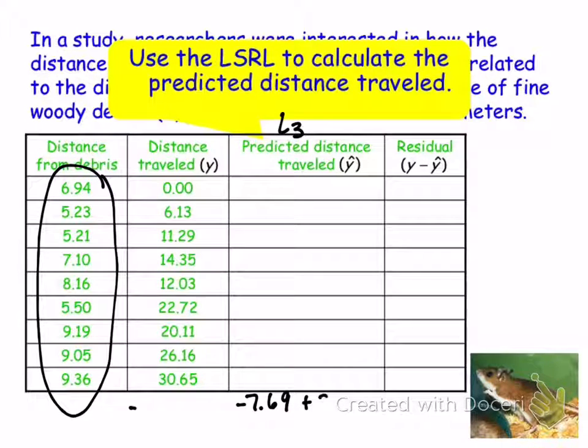Plus 3.234, and then instead of X, I'm going to put L1, because L1 are all of my X values. So it's like you're inputting an equation. You highlight L3, you hit enter, there's a blinky square. I want you to type this into your menu. It's like creating an Excel equation. And then it's going to output all of your predicted Y values. These are all of my predicted Ys. Okay?